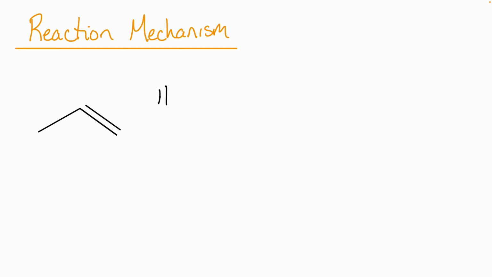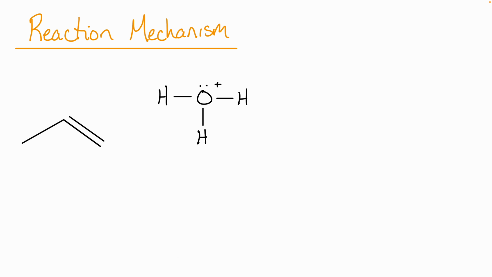I'm going to use my hydronium, my dilute acid here. And I want everybody to take a second and to identify what the nucleophile is in this mixture, and then identify what the electrophile is in this mixture.